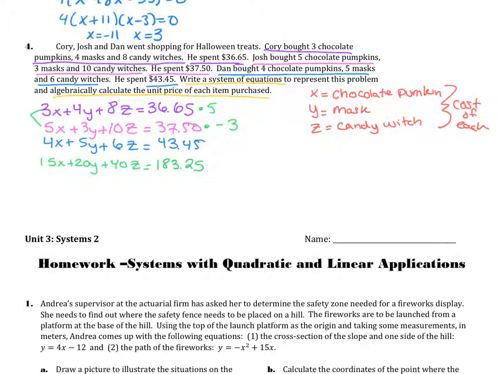Then I'm going to multiply my second equation by -3, and that will give me this equation. Now when I go to add these two equations together, my x's will eliminate, and I'll be left with 11y plus 10z equals 70.75.